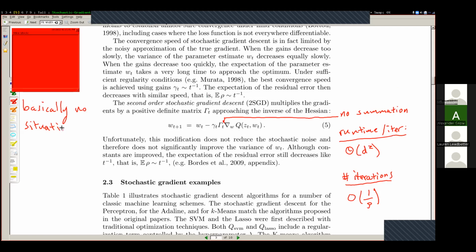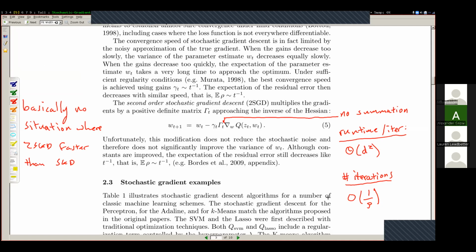No situation where 2SGD is faster than the SGD. Because again, it's still the same number of iterations, it's just more runtime per iteration.